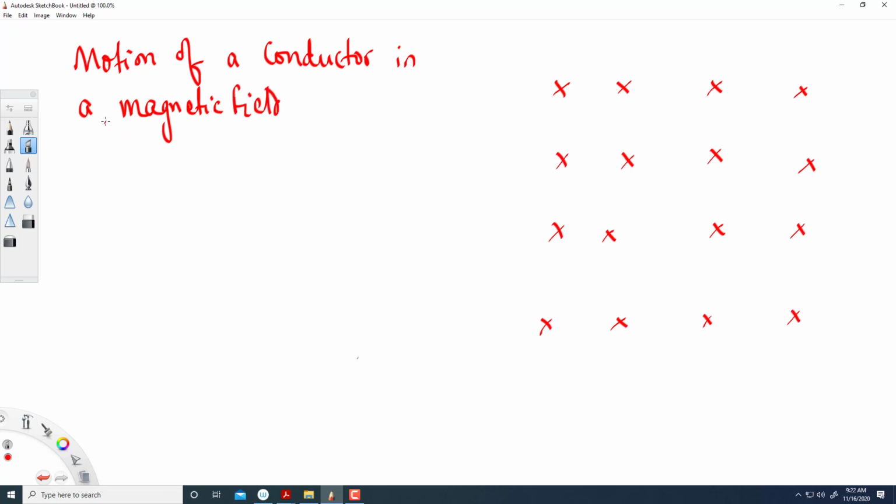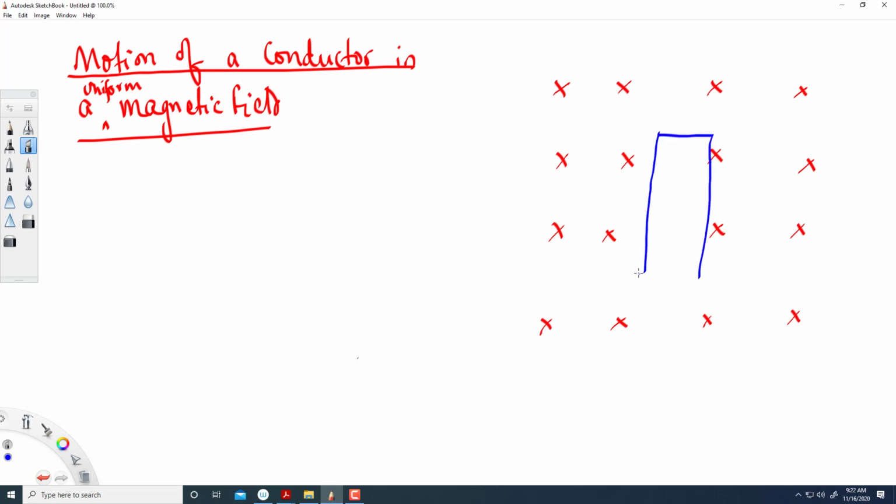Let's say this is a uniform magnetic field, a magnetic field that is not changing, a constant magnetic field. So we have a conductor, and this conductor is moving either to the left or to the right, whichever we want. So let's say it's moving to the left at some speed or velocity v.